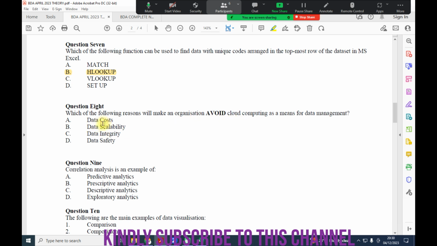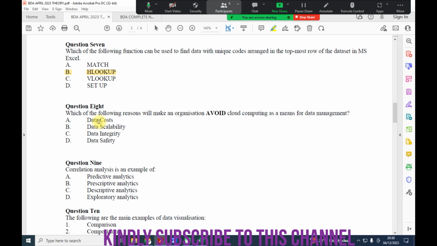Is it data cost, data scalability, data integrity, or data safety? Remember, when you talk about avoiding, all of them are factors that affect cloud computing. When you look at data cost, we normally say initially it is cheaper. If you don't have a lot of data to store, then it will be cheaper to store in the cloud.